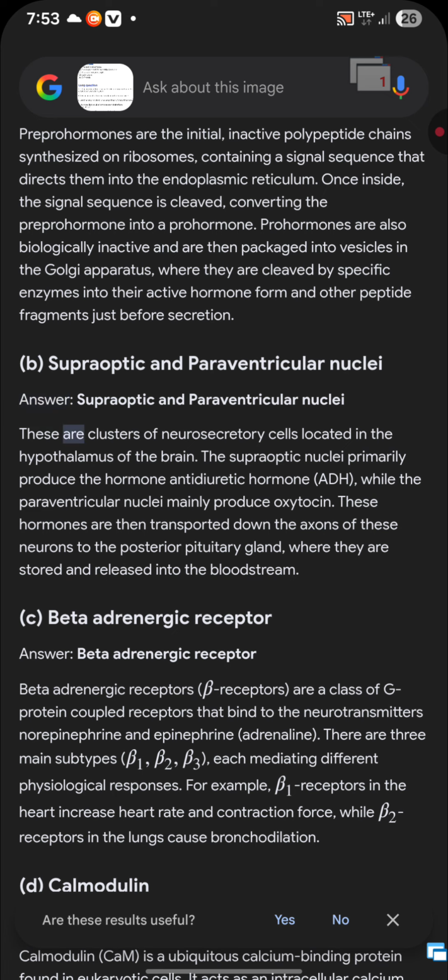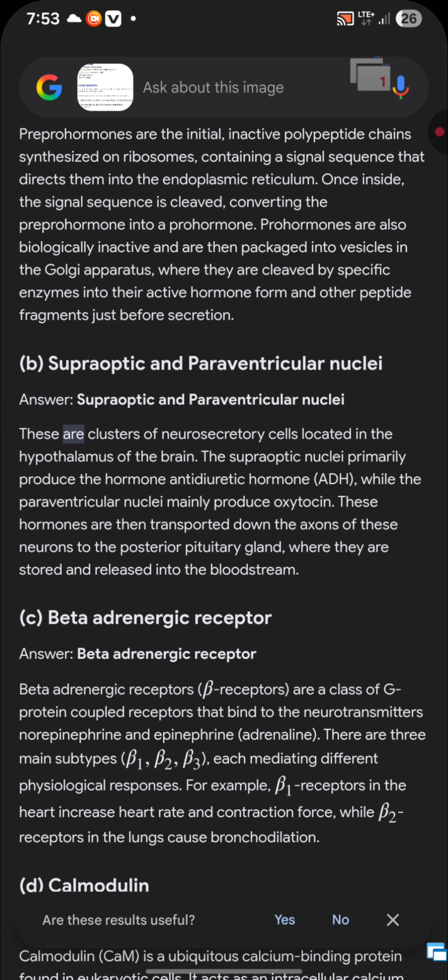Posterior pituitary hormones. Neurosecretory cells in the supraoptic and paraventricular nuclei produce ADH and oxytocin, which are stored in and released from the posterior pituitary gland. And 4. Integration of systems. This mechanism effectively integrates the nervous system with the endocrine system, allowing neural input to directly modulate hormonal output and maintain homeostasis.